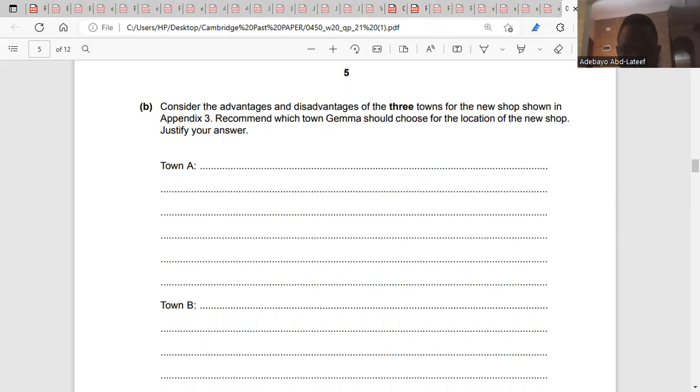For town A, the total expenses is 85,000, plus the rent of $45,000 per year for 5 years.